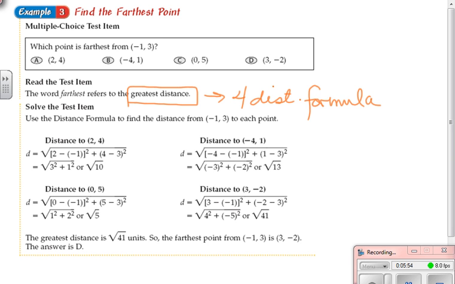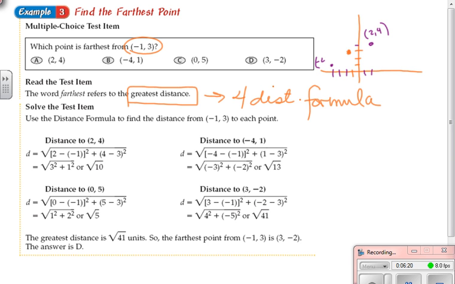Now, pictures lie, but if you wanted to, -1, 3, there's my original point right here. If you wanted to take a quick sketch, there's 2, 4.